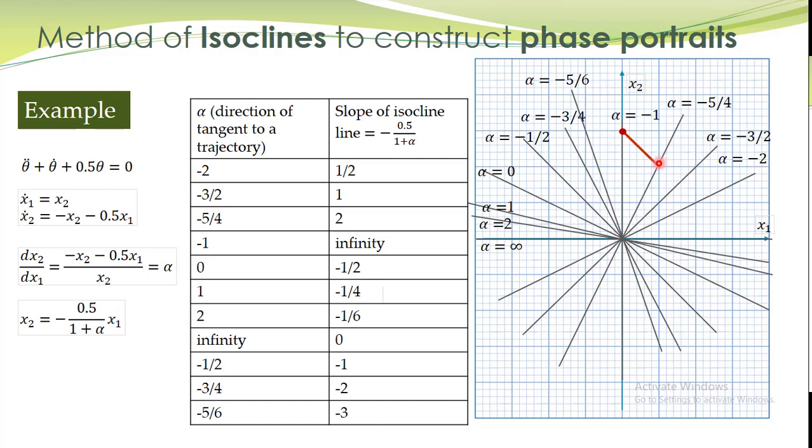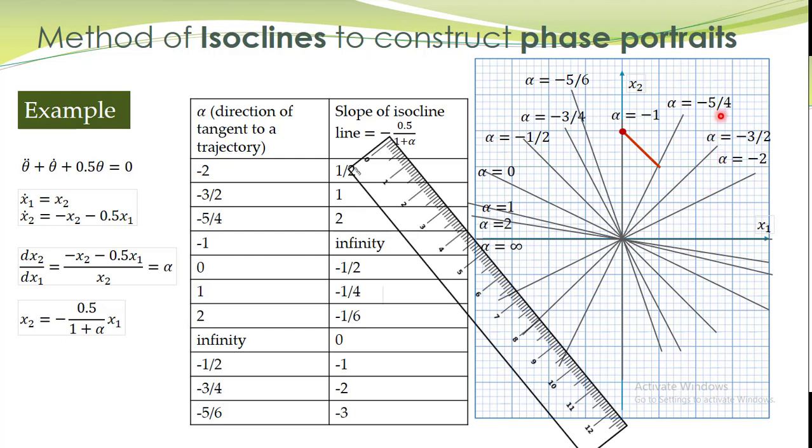So how should we proceed further? -5/4. -5/4 means if I want to draw this line with the help of a scale, how should I draw it? 5 boxes in vertical direction and 4 boxes in horizontal direction. That is, this scale now has slope equal to -5/4. 5 vertical boxes.